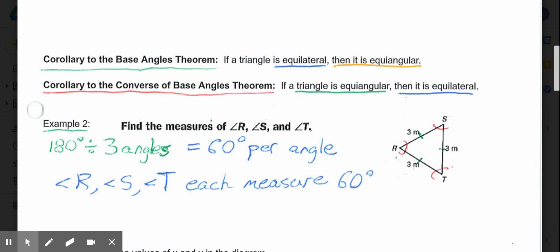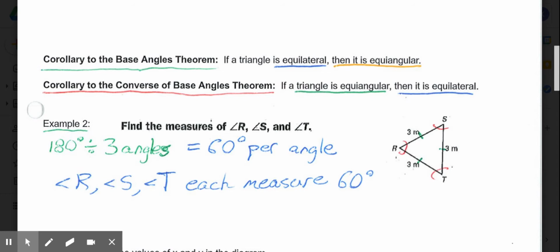So if all sides are the same, then all the angles are also the same. The corollary to the converse of the base angles theorem says if a triangle is equiangular, so if all three angles are 60 degrees, then the triangle is equilateral.